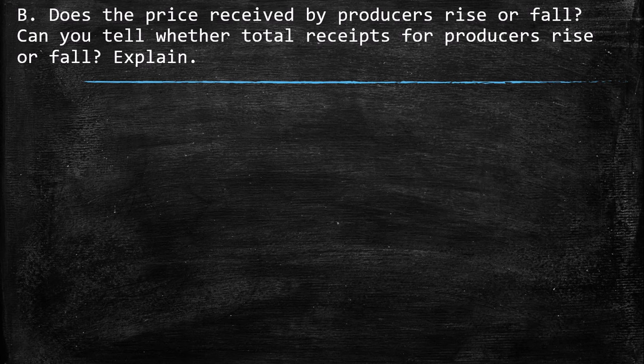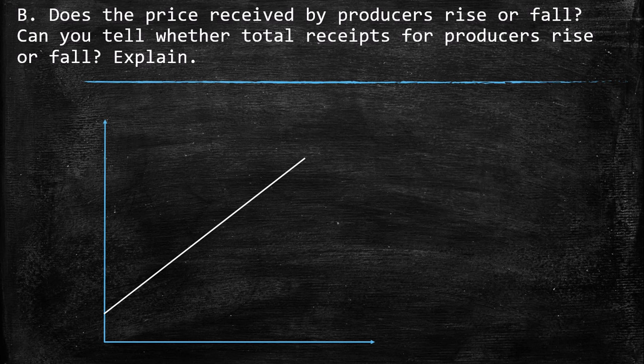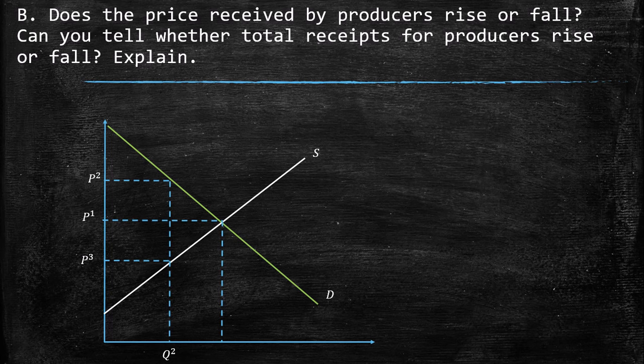Can you tell whether total receipts for producers rise or fall? Explain. So here we have again our case in our free market, and here we have now the case with the tax. With the tax, we figure out that P3 is lower than P1.